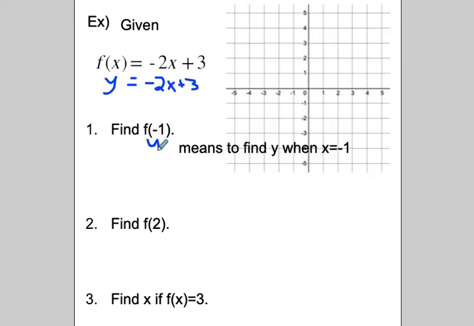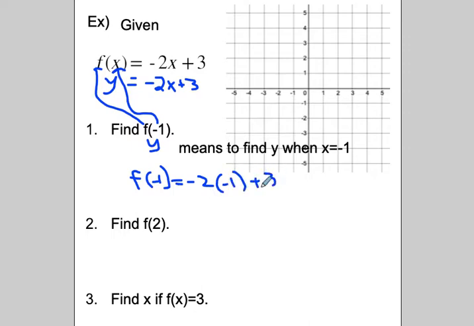This is y when x is replaced with a negative 1. So this is saying go into function Fred. Here he is. Replace the x with negative 1. And what happens? Well, f of negative 1 is substituting in, plugging in parentheses into that equation.